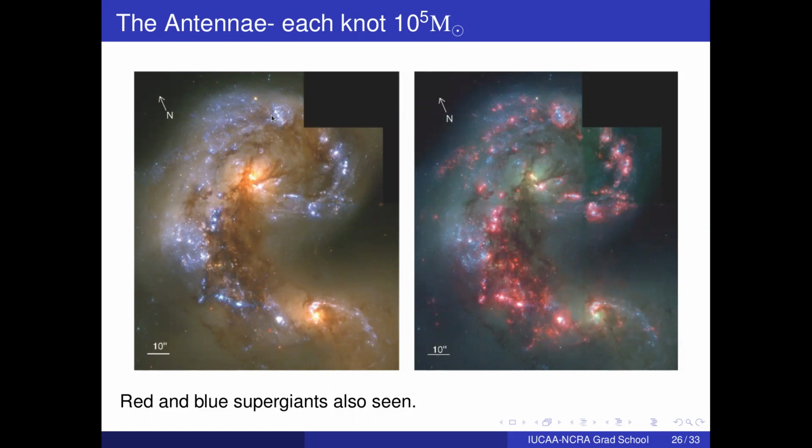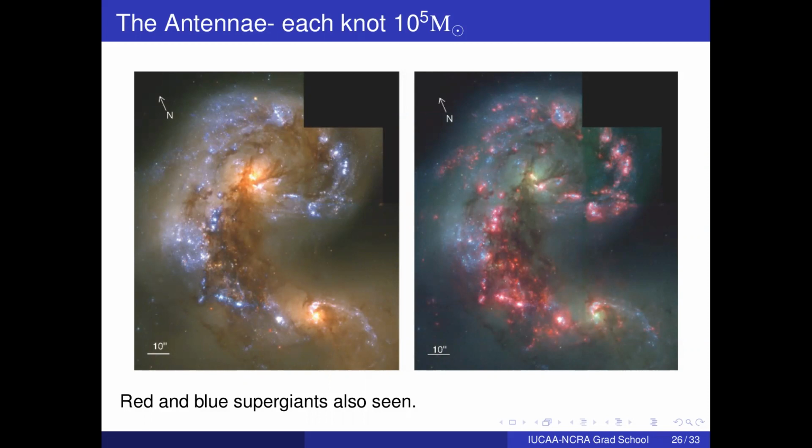So it's not 1 or 2 stars, there are 10⁵ stars in each of those knots. So pretty vigorously star forming. And when you have that, you see both blue supergiants and red supergiants. The blue supergiants are very massive stars which are at the extreme left end of the main sequence. They're very blue in color, but very luminous.